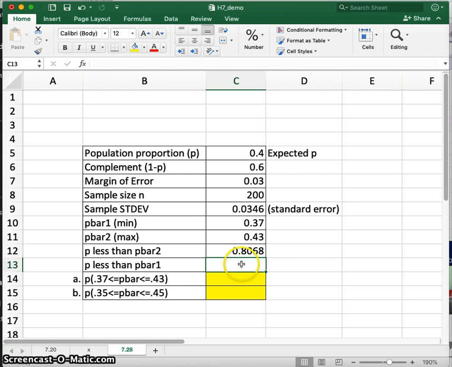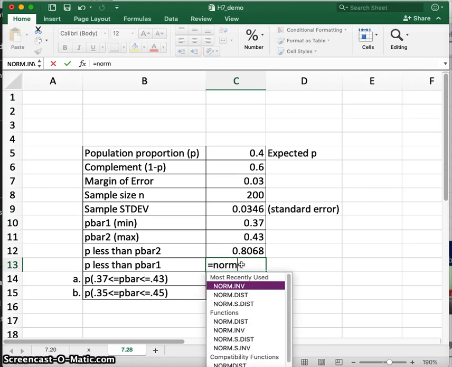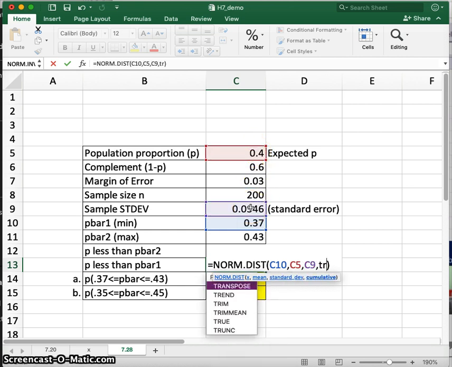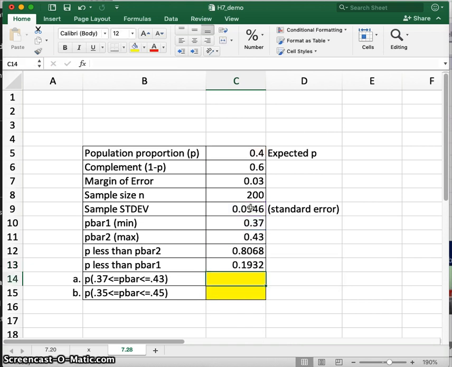I'm going to do the same thing for p-bar 1, equals norm dist. X is this one, mean is this one, standard deviation is this one, and cumulative equals true.